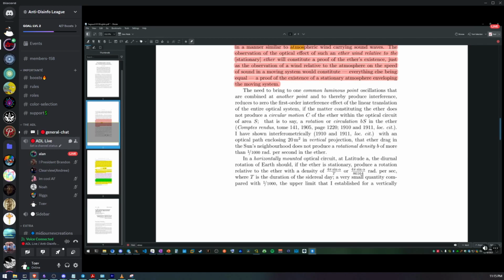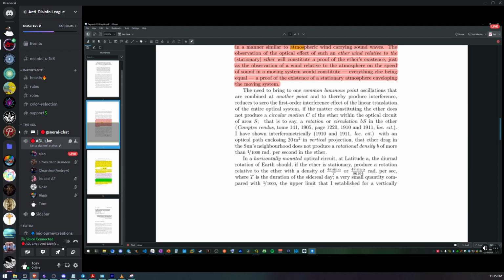So as the atmosphere rotates with the Earth, there's winds within it, and that's how he's saying the ether functions with relative motion within it, and he's equating the stationary atmosphere to a stationary ether because he thought the Earth was moving through a stationary ether.